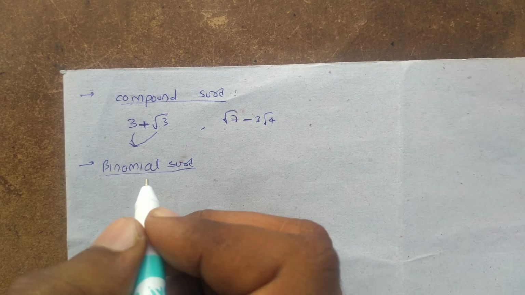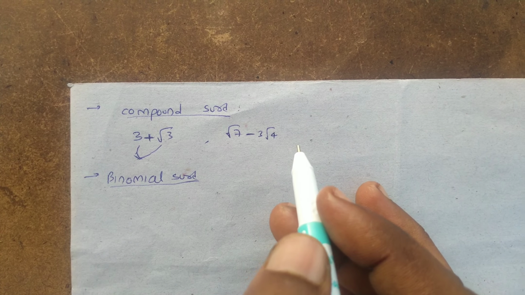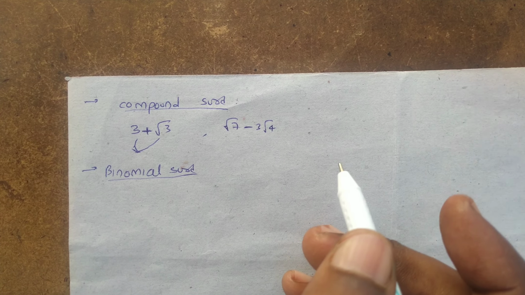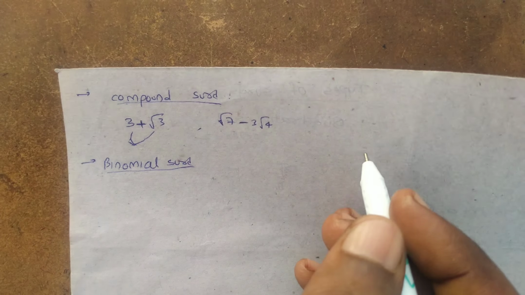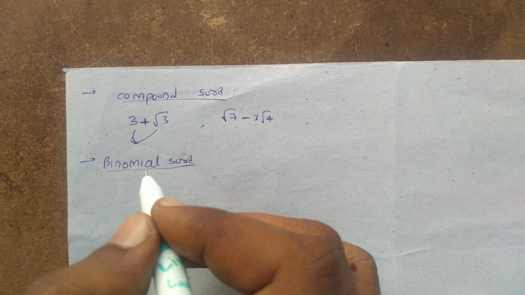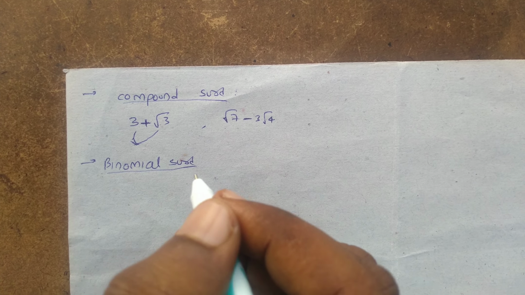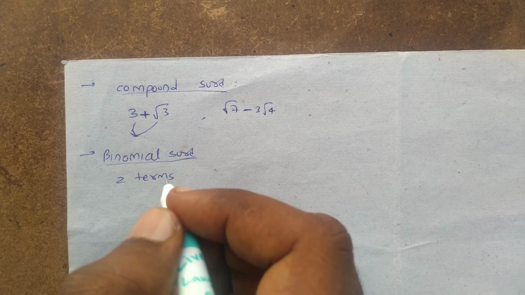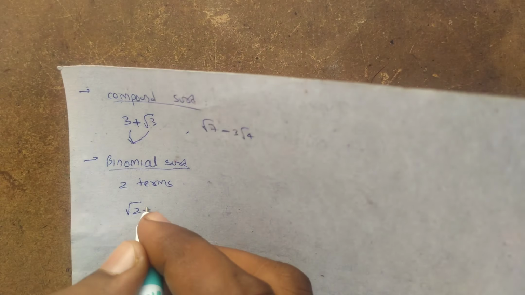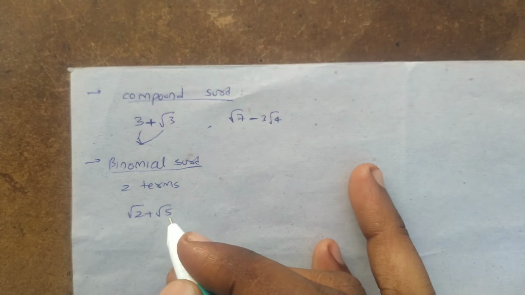We studied monomial surd, right? Monomial surd means simple surd, which contains only a single term. Then what is a binomial surd? It should contain 2 terms. 2 terms means root 2 plus root 5.